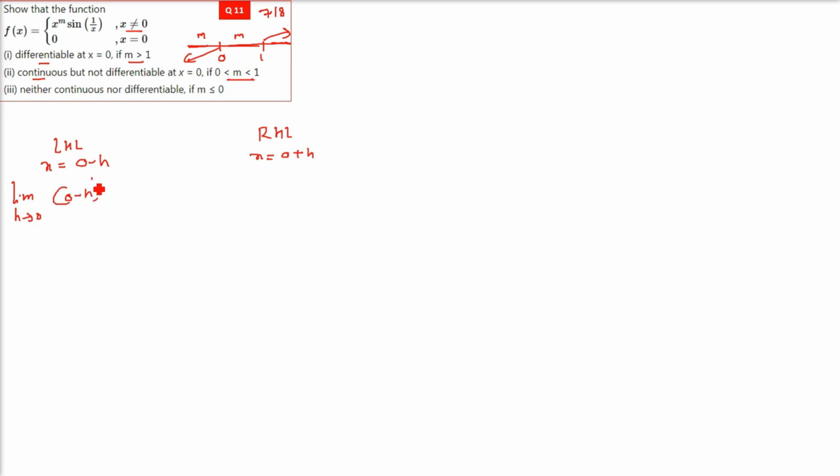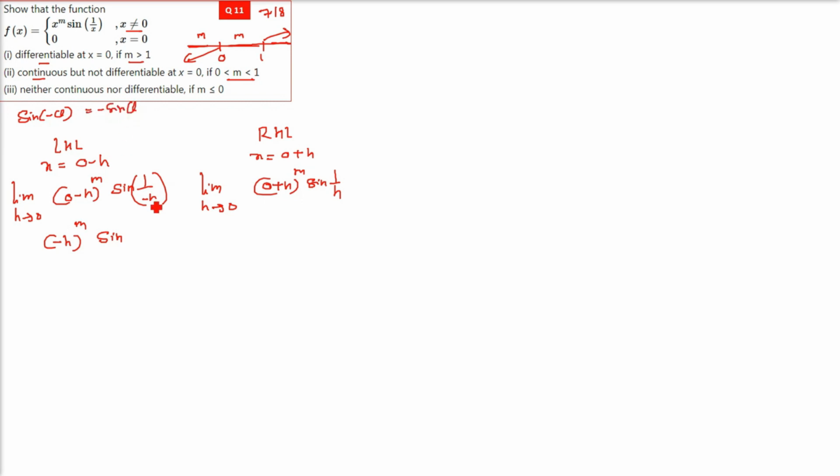So in this function x raised m sine 1 by x, I'm replacing x by 0 minus h, which is minus h only. Here also for the right hand limit, limit h tends to 0, 0 plus h raised to m, sine 1 by 0 plus h, which is h only. Now this is negative h to the power m, and sine minus theta is minus sine theta.